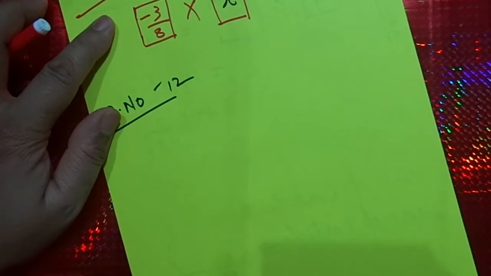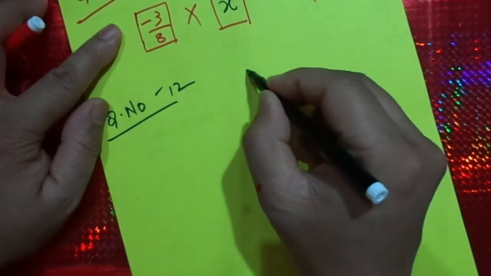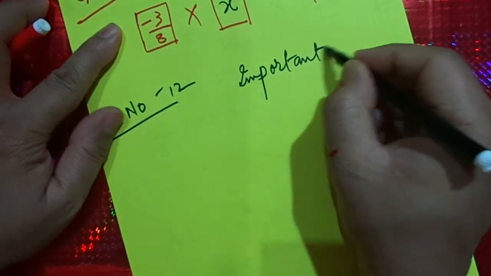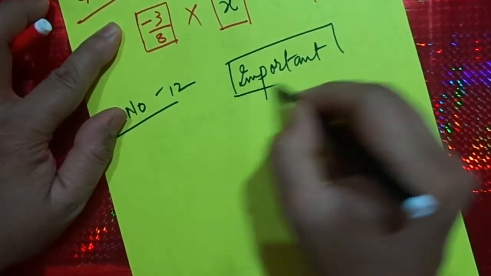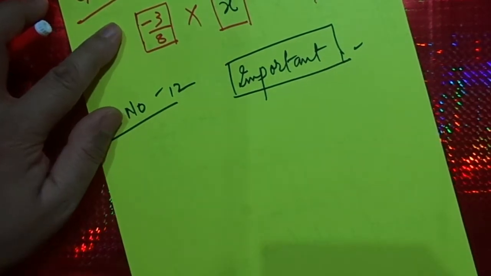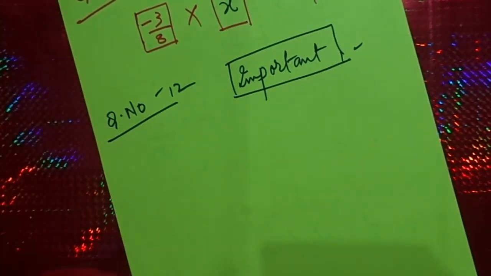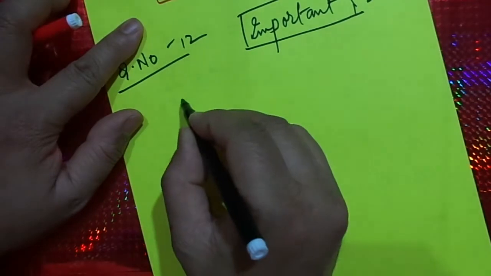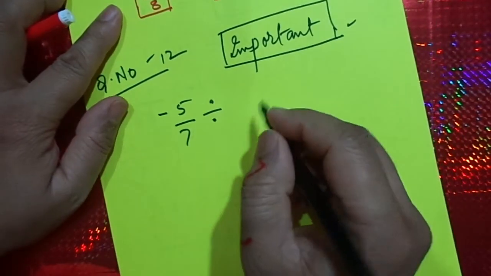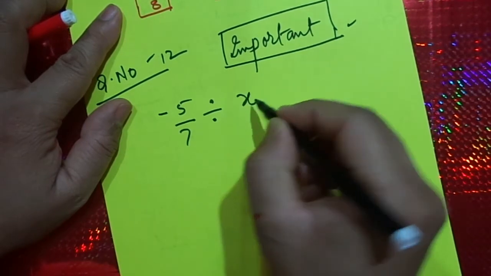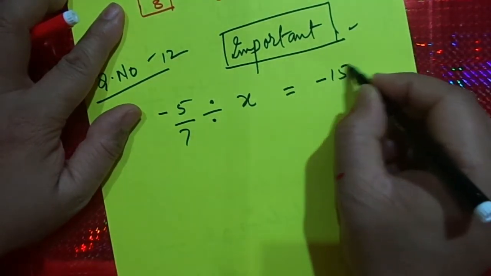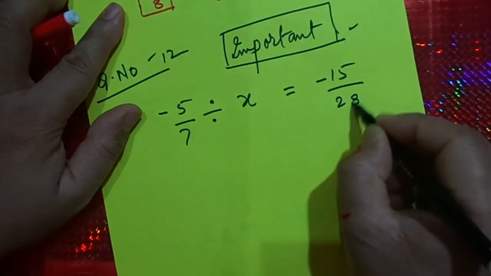Here in question number 12, I find this is a bit important, because we generally test the intelligence of a child by giving this kind of sums in the examination, where we have minus 5 by 7 divided by x is equal to minus 15 by 28.